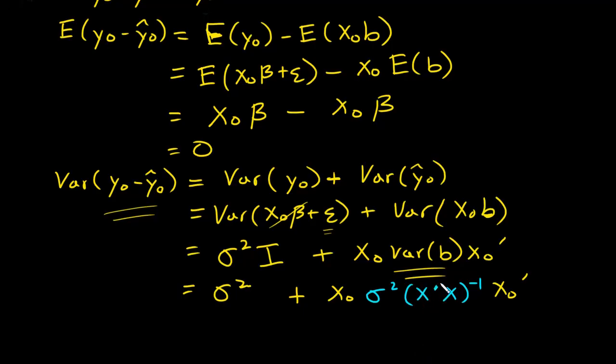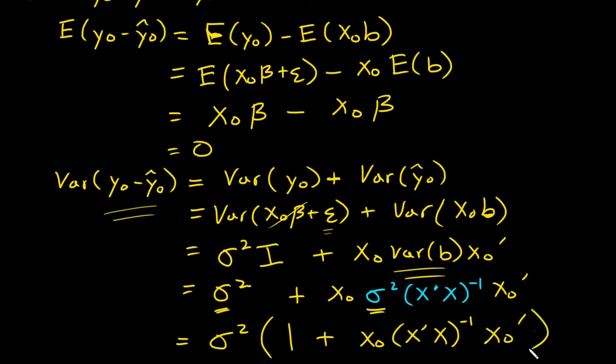Notice that this x is our observed design matrix. Notice sigma squared is in both terms, so I can pull that out, and I'm left with sigma squared times 1 plus x naught times x transpose x inverse times x naught transpose.